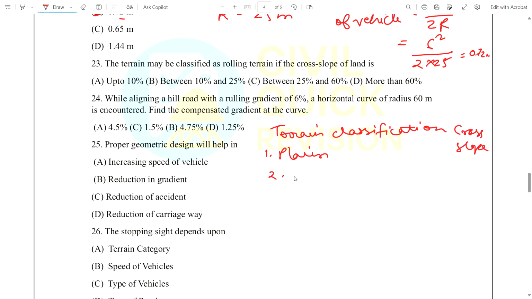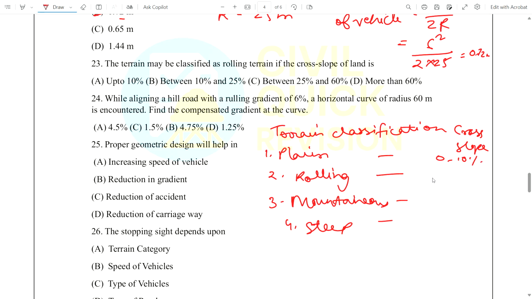For plain, the cross slope is 0 to 10%, for rolling 10 to 25%, for mountainous 25 to 60%, and for steep it is greater than 60%.